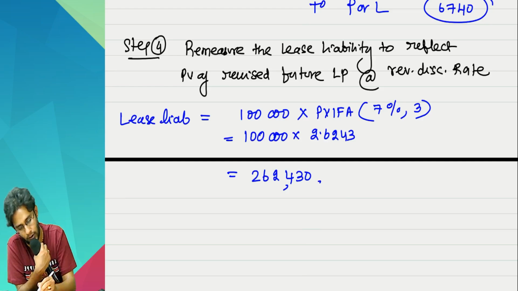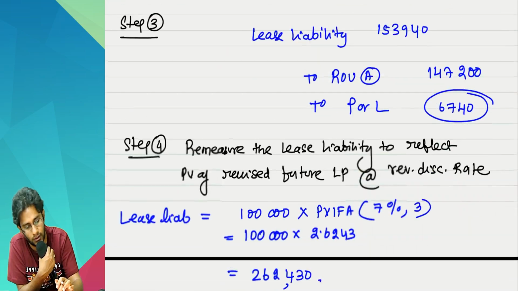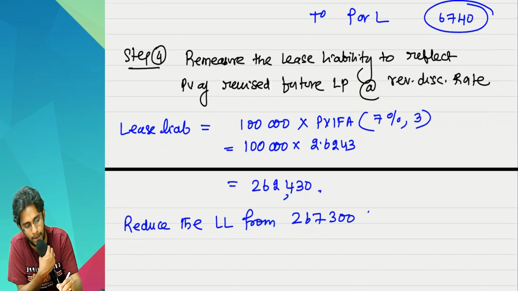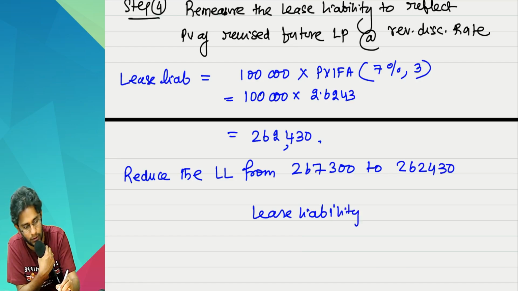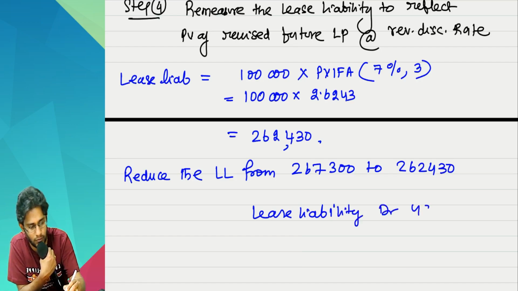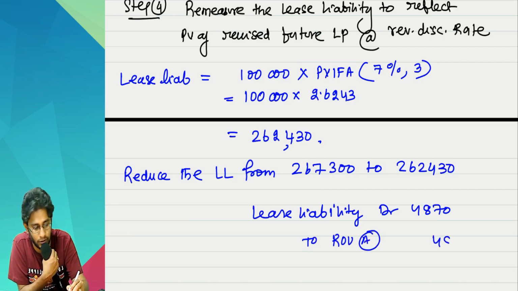So reduce the lease liability from 267,300 to 262,430. Entry, sir. Lease liability account debit, to ROU asset. How much is it? 4,870. Correct.